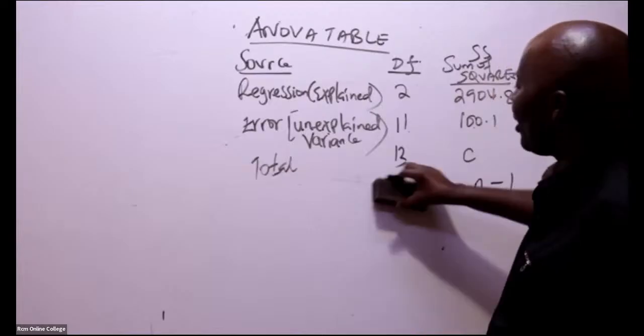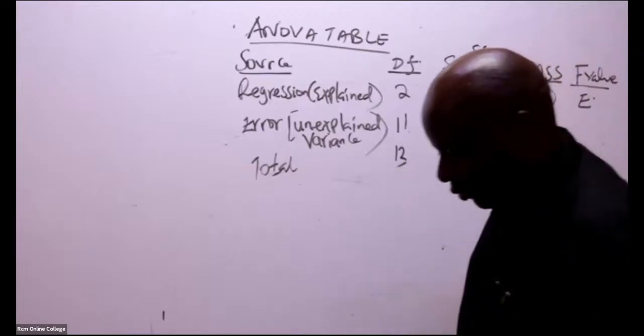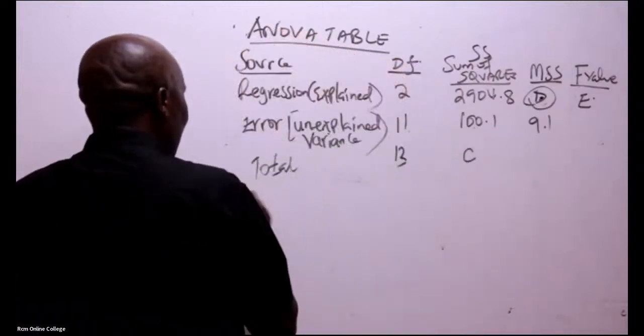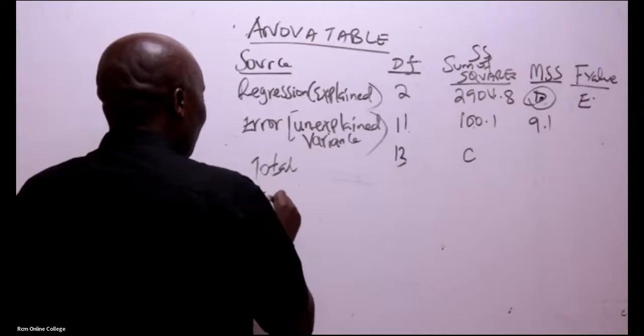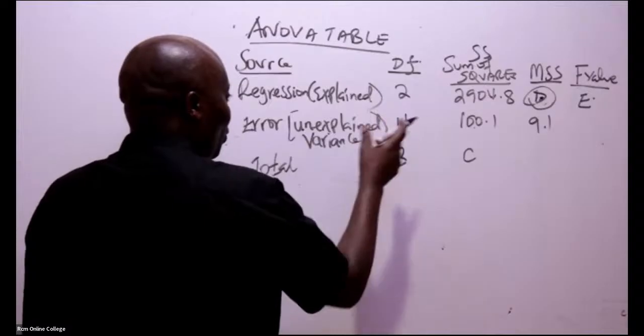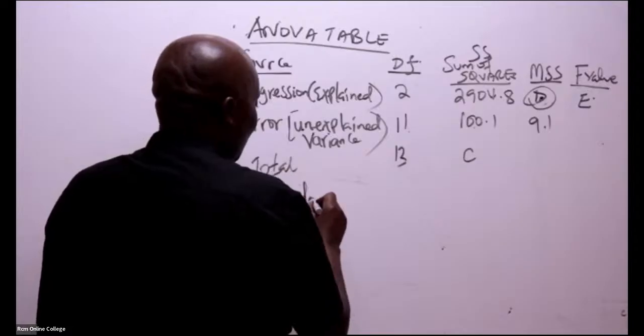Now from there, we have the error degrees of freedom. For those of you who have done a thesis at master's or PhD level, you know these things I'm explaining, you will always interpret them when you run your data through SPSS. So, error degrees of freedom.